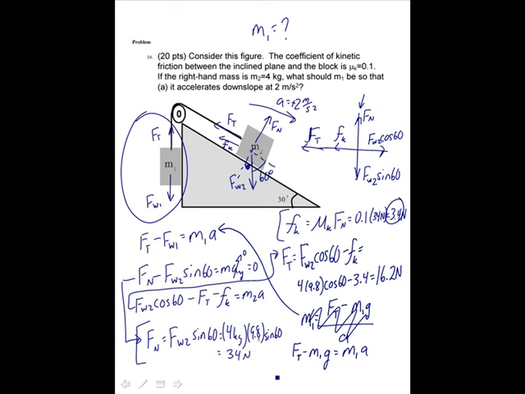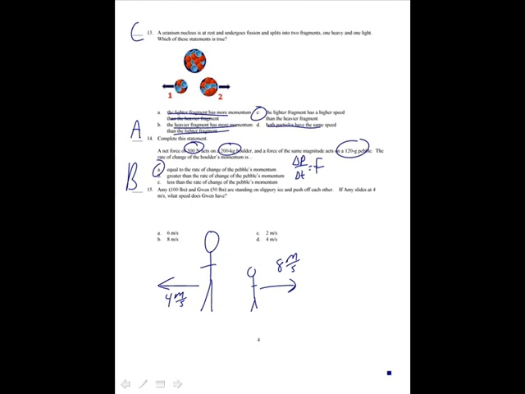So I have m1 times a plus g is equal to Ft. So m1 equals Ft over a plus g. So that's Ft, which is 16.2 newtons, divided by a plus g, that's 2 plus 9.8.